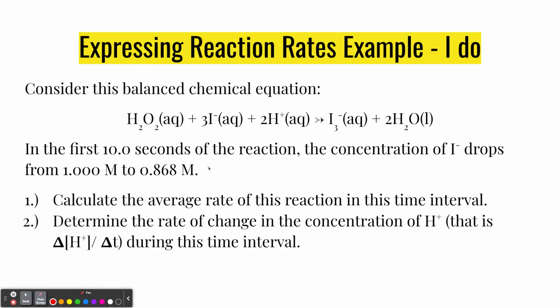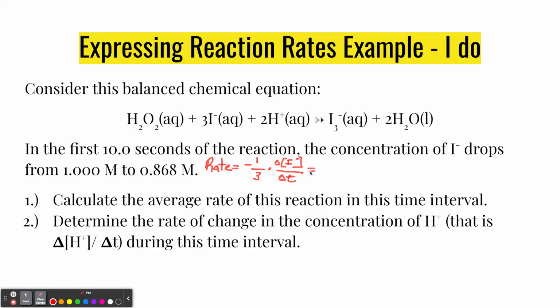So my rate, of course, is going to be equal to negative, because we're dealing with a reactant, 1 over 3, because I have to take the reciprocal of my stoichiometry coefficient, times the change in concentration of iodide, divided by the change in time.